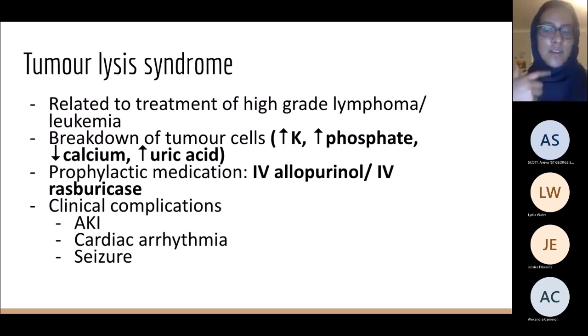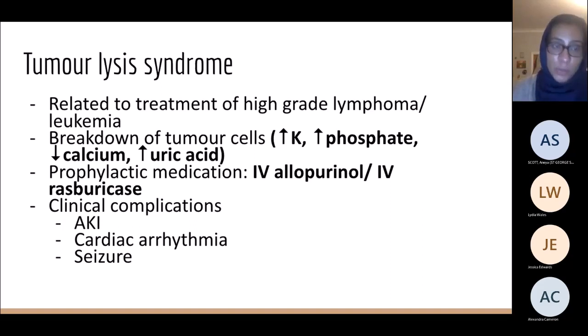That is further exacerbated sometimes with chemotherapy. And so that causes your cells to break down, resulting in tumor lysis syndrome. So it's a rapid proliferation of cell death.